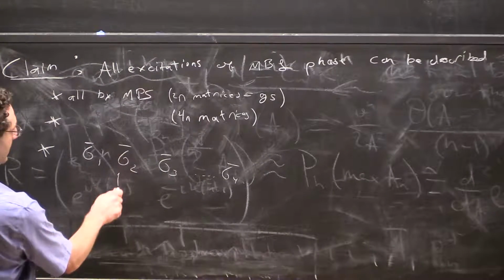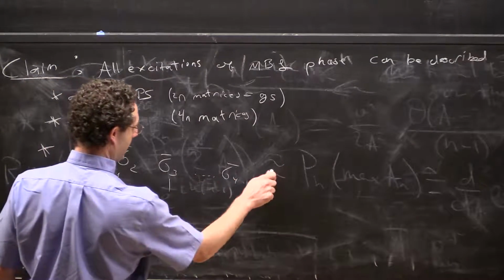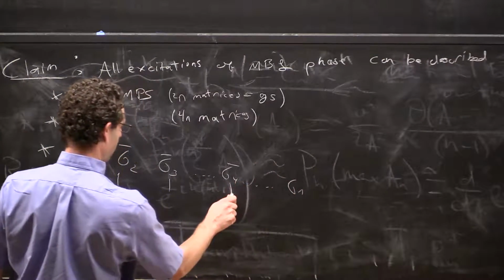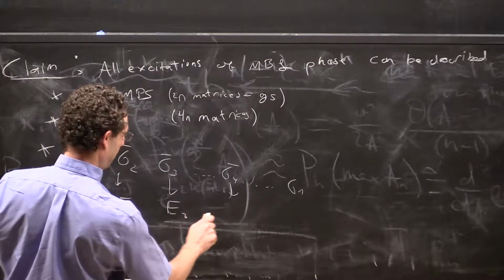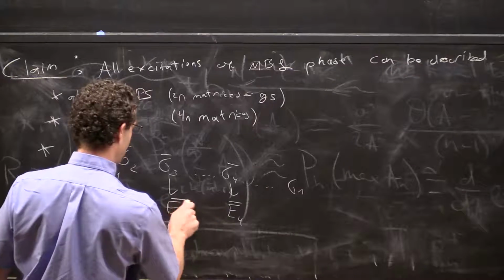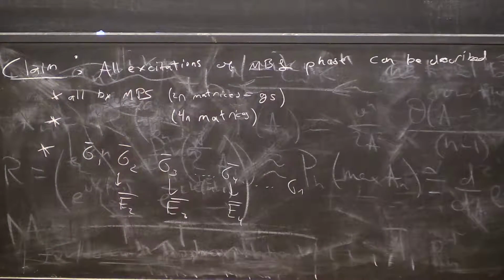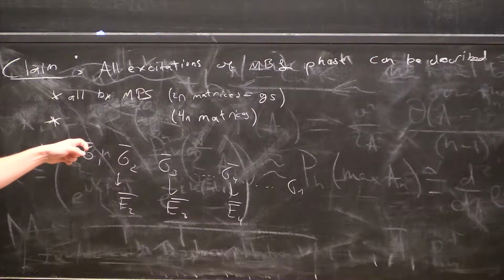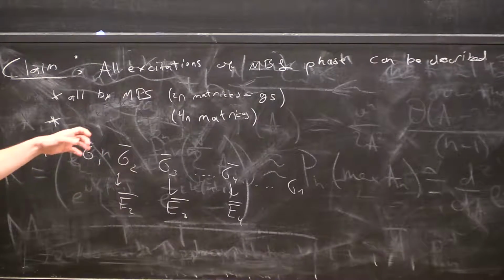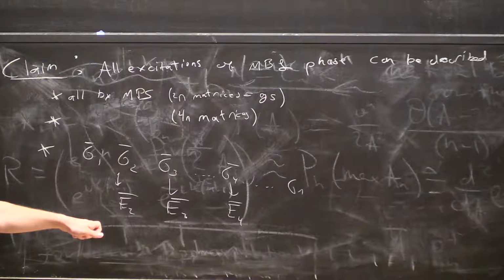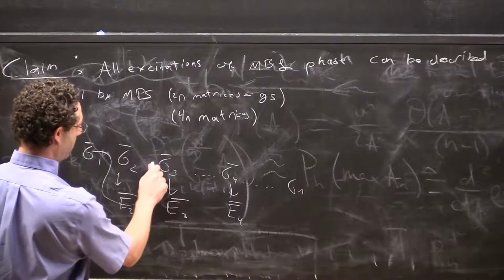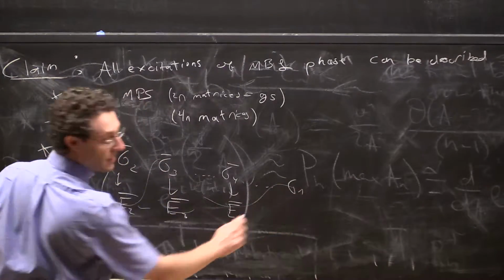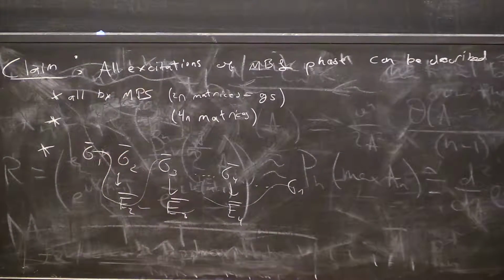So maybe we'll pick sites 2, 3, and 4, and we'll change the matrix on sites 2, 3, and 4 to some other matrix. And that other matrix will be, just like here we took spin downs and flipped them to spin ups, that other matrix will always be the same. If I'm going to change site 2, I'll change it from the matrices G2 to the matrices E2. This will produce a new matrix product state, G1, E2, E3, E4, dot, dot, dot. And that will be one of the excitations.